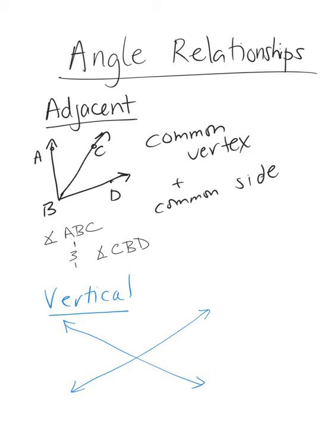Here's another line that intersected it at point E. I'm going to say this point is A, this point is C, then I have B and D. So this is an angle and this is an angle. They are vertical. Are they next to each other? No. Non-adjacent. Two intersecting lines.